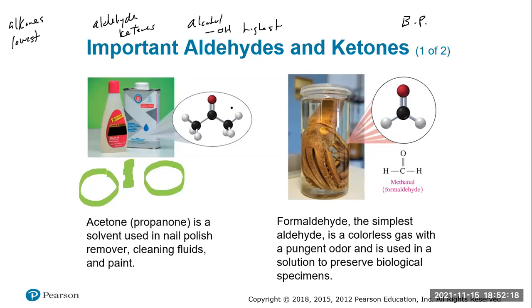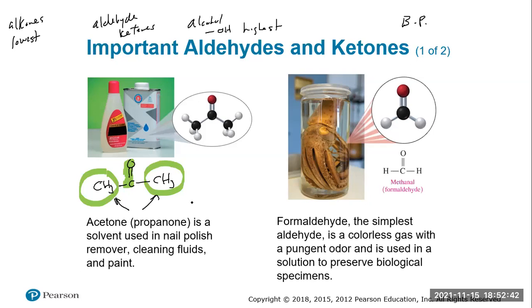Here are some important aldehydes and ketones. I'm not sure where that guy went on the left there, but it should be this guy, CH3C double bond. Oh, CH3. Propanone, as we talked about before, is also known, by the way, like we do with ethers, that is a methyl group. That's a methyl group.